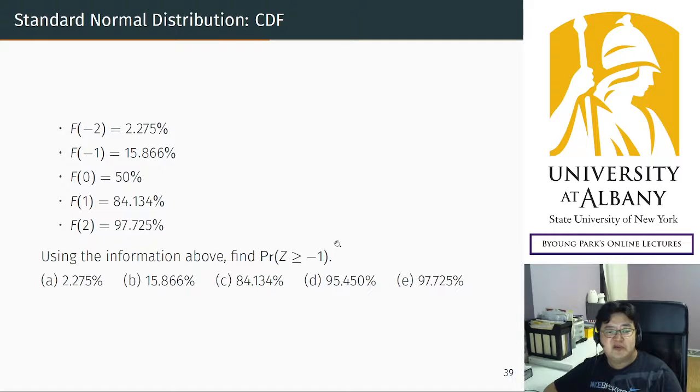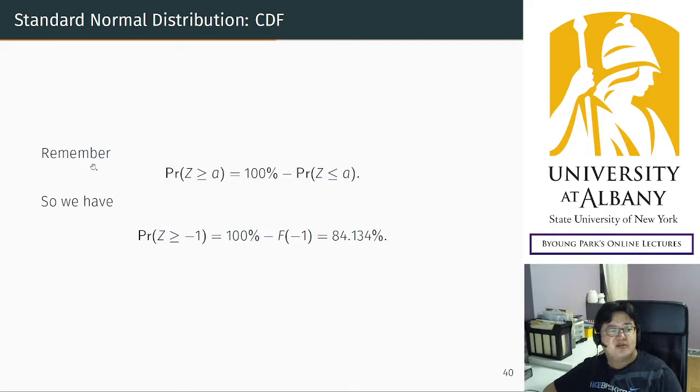In general, the probability greater than or equal to A equals 100% minus the probability smaller than A. It's obvious. A random variable is either greater than something or smaller than something, so their sum is always 100%. If you know one of them, then the other is automatic.